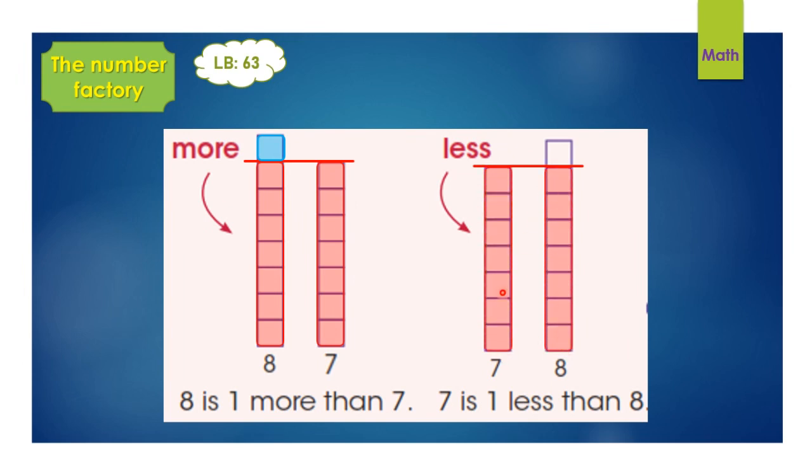But this time 7 is smaller than 8 with 1 different square. So I read it as 7 is less than 8 with 1, or I can say 7 is 1 less than 8. Okay, did you get it now? I hope so. Let's move.